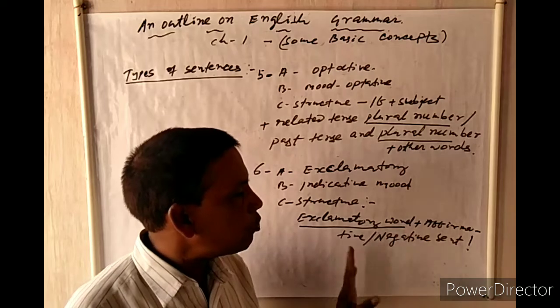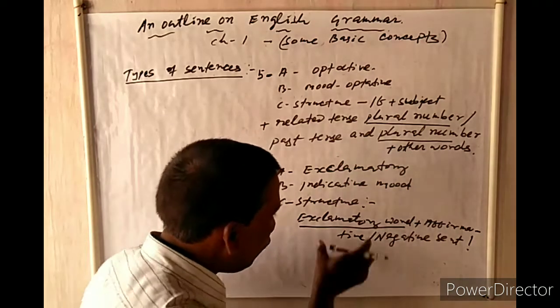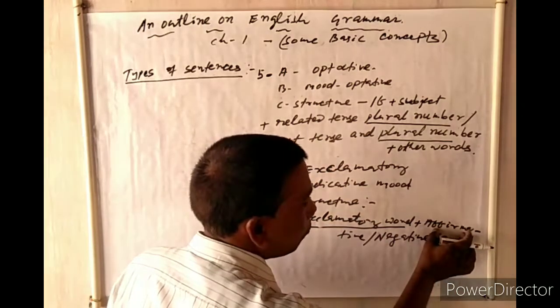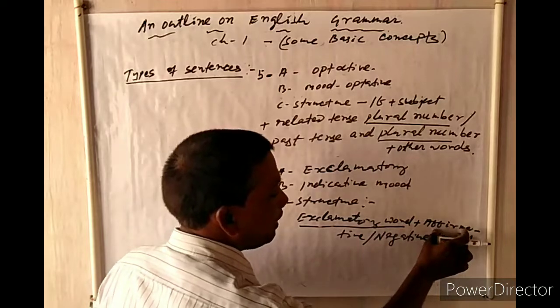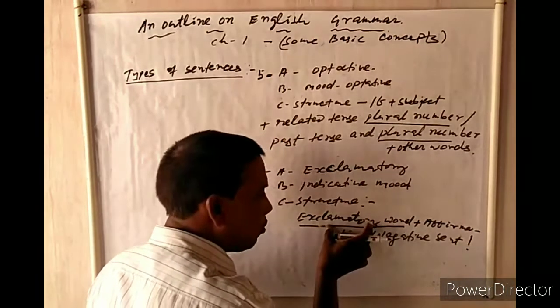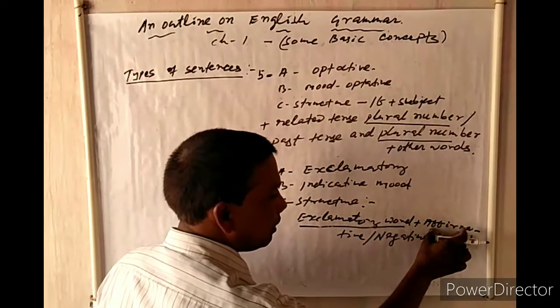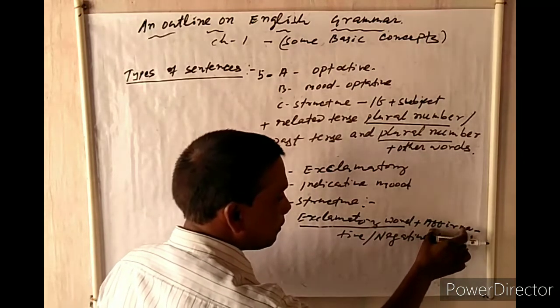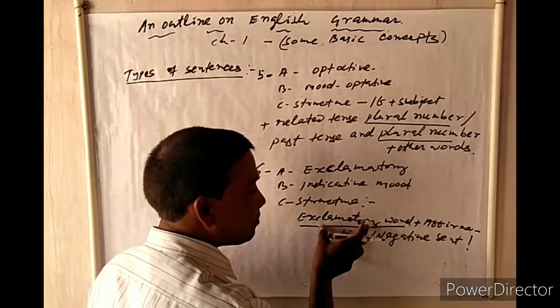No one has said anything to you. Instantaneously the words come out: oh my God, I forgot my admit card. Oh shit, I have forgot my admit card. Oh no, I have forgot my admit card. You're making it the same sentence, but different expressions are there.